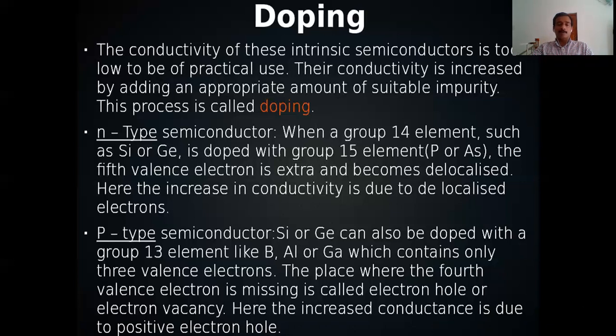Because of the presence of this delocalized electron, the conductivity will increase. So here group 14 elements are doped with group 15 elements such as phosphorus or arsenic. As a result, free electrons are produced in the crystal lattice. Therefore, conductivity increases. If the increase in conductivity is due to free electrons, we will call it an N-type semiconductor.